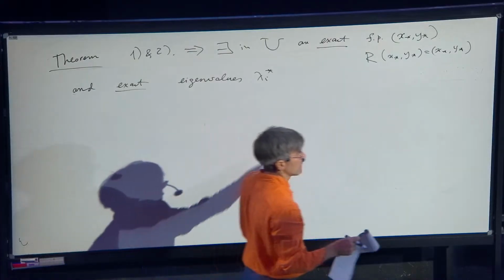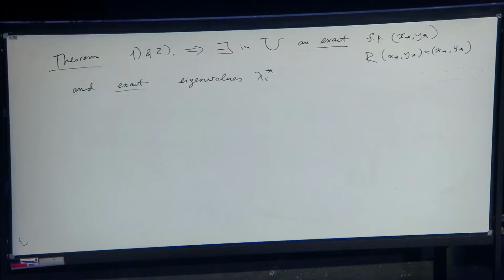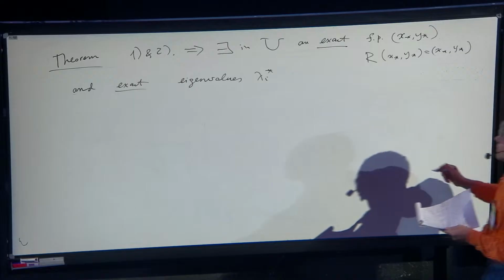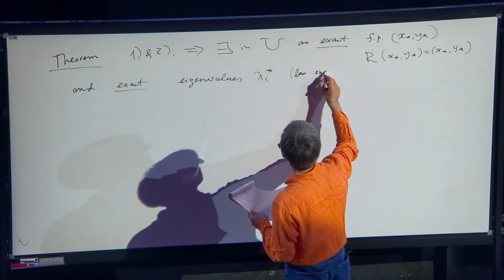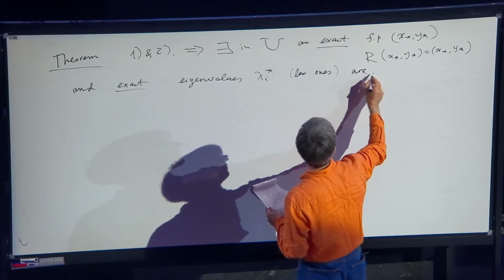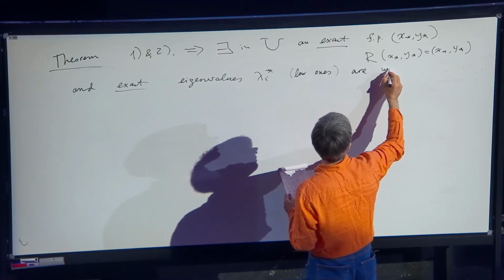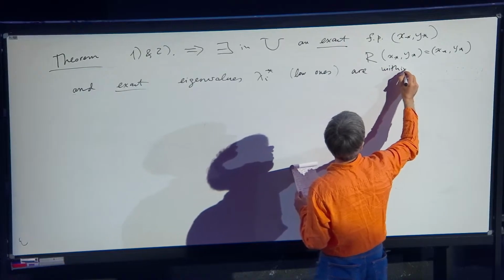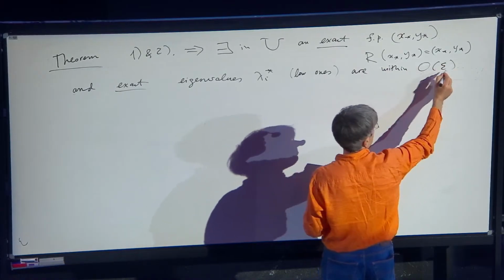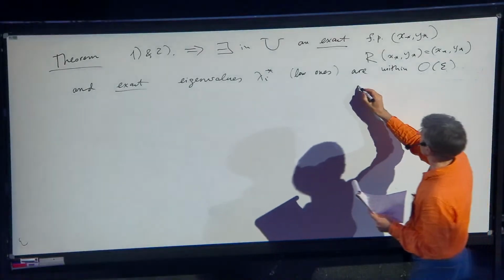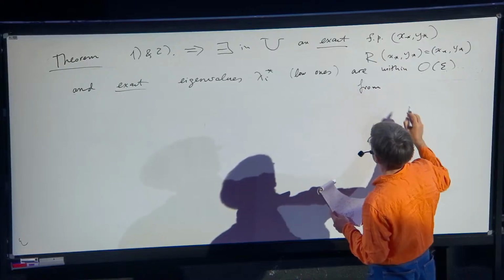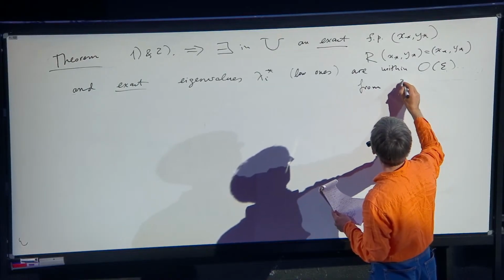So these exact eigenvalues are the eigenvalues of the linearized RG transformation around the exact fixed point, just like lambda I0 were, or at least some low ones, are within order epsilon, where epsilon is the same epsilon as this one, from lambda I0.